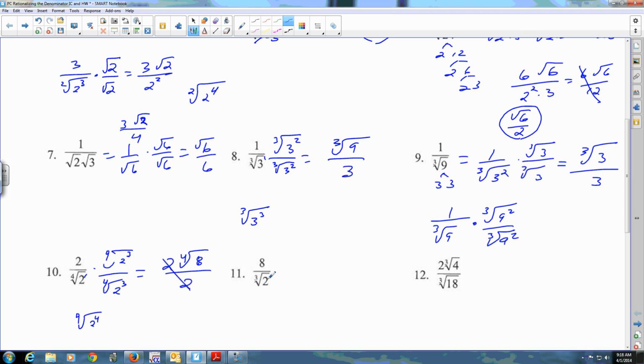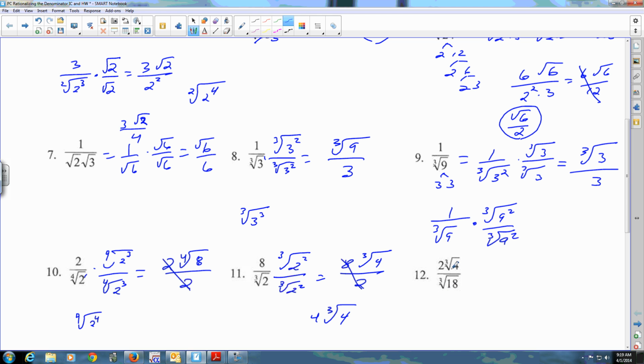Cube root, mixing these up, so I need a cube root of 2 squared, so that becomes 8 cube roots of 4 over, that's the cube root of 2 cubed, or 2, then this reduces, so I have 4 cube roots of 4.